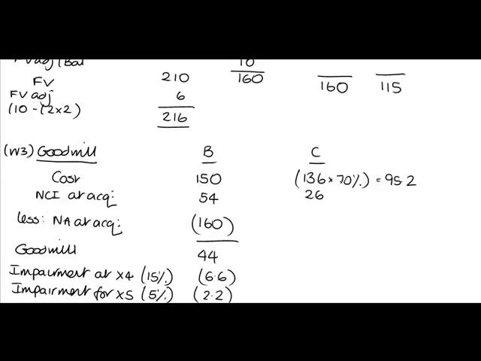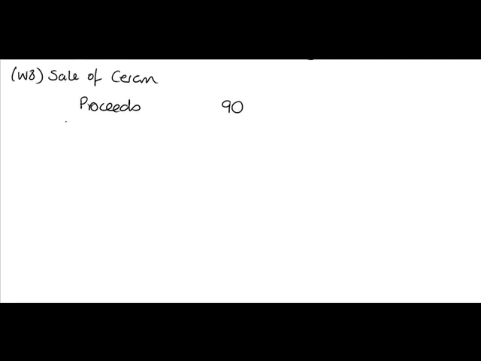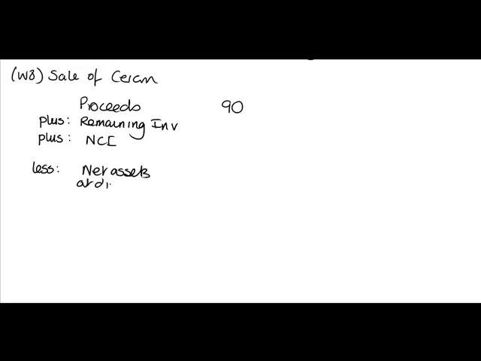There were 160 at disposal date. We need to put that into our calculation here. So we've got proceeds plus the remaining investment plus the NCI less the net assets at disposal, which we've just been given by the examiner.